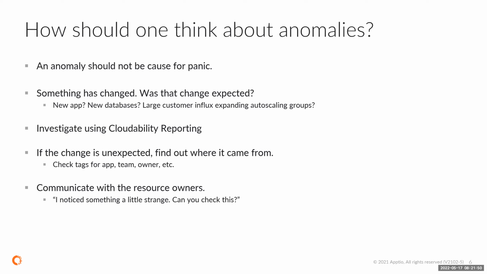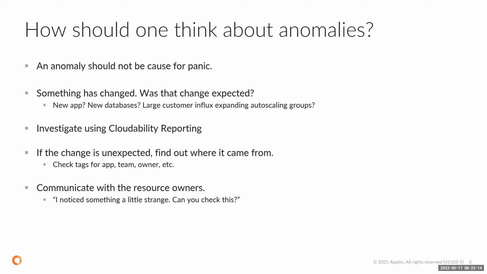Can you explain this? Is this expected? And of course, if it's expected, great. Then our job is done. We can let them go about their way and we don't have to worry about it. If it's unexpected, well, then we've just probably saved them and ourselves a good deal of money, right? Because they can turn it off or change the process that caused that anomaly in the first place.